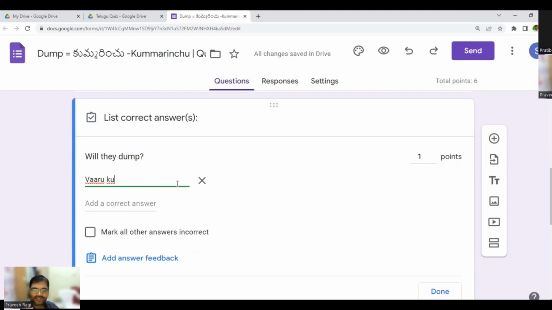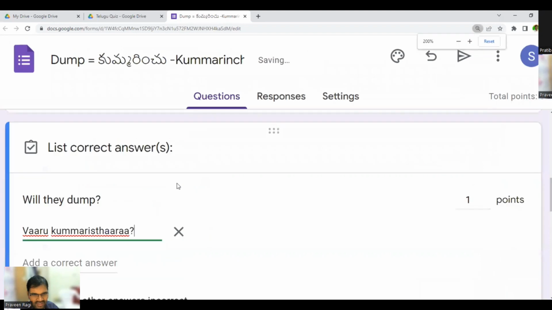Actually, this is a positive sentence. Varu kummaristaru is the normal sentence. We have to make this one into a question. Varu kummaristara. Almost correct, but there is some problem. Let me type, you will understand. Varu kummaristara.